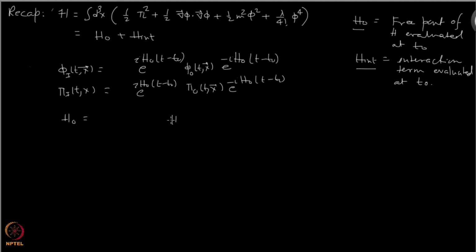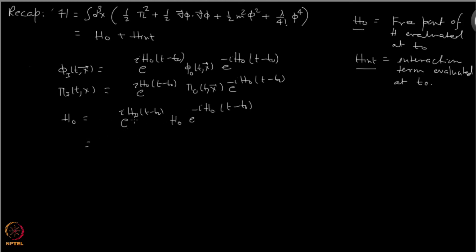Okay, and you can also write the H naught as follows. So you can just sandwich it between these two operators. Okay, they commute. Because this is H naught, this is H naught, this will commute, and this kills this exponential. So H naught is equal to H naught. That's what you get.